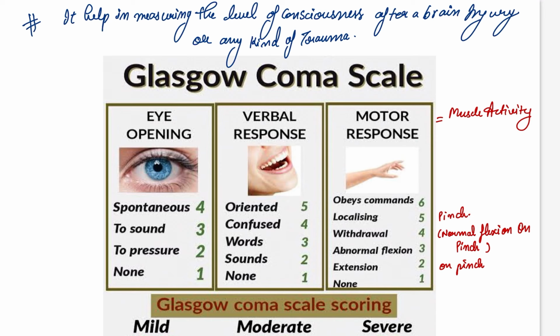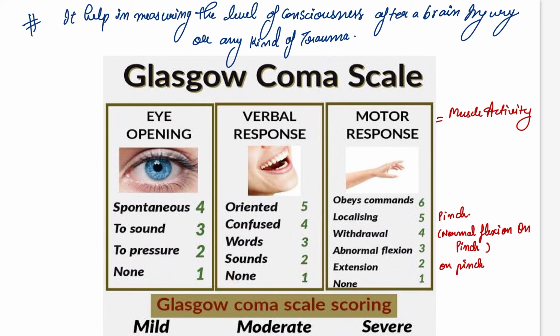If the patient responds with sounds only, like the pain sounds, "ah, ooh," and nothing else, then we will give the score of 2. And if he is not responding verbally at all, then we will give the score of 1, right?